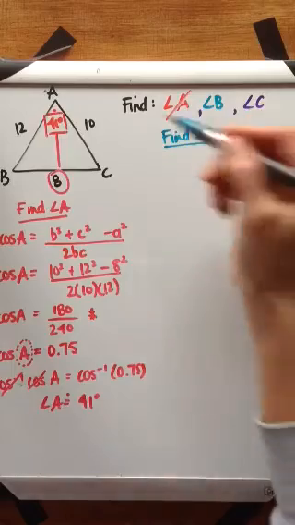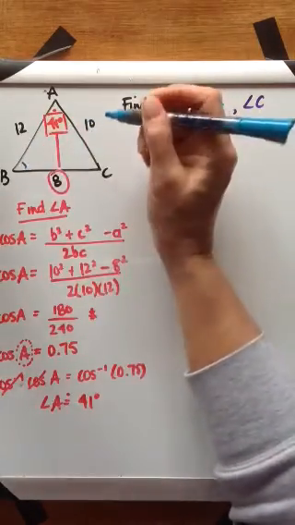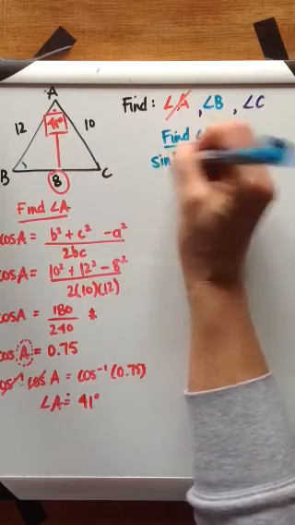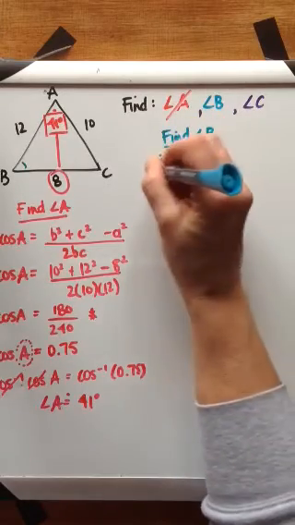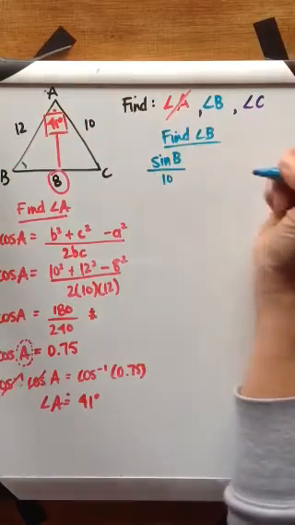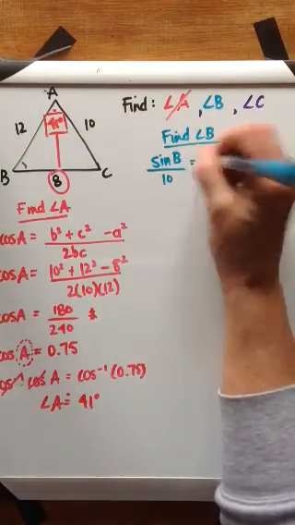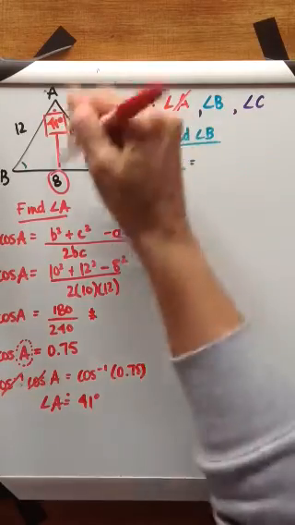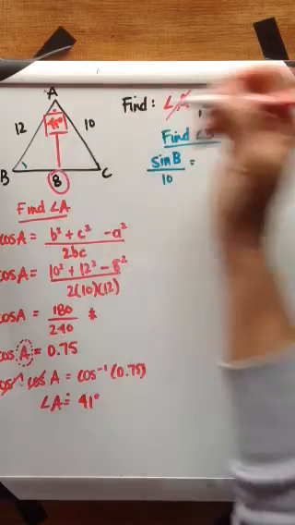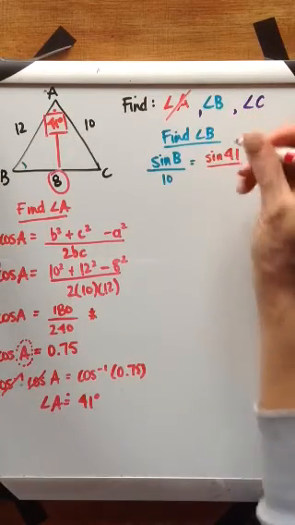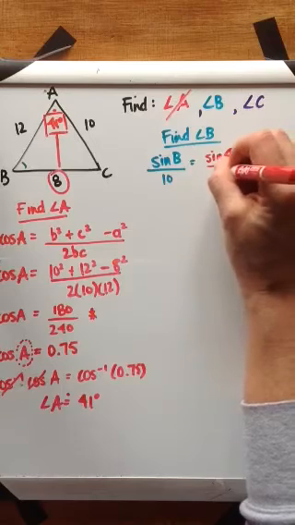So angle B, right here, I'm going to put again in the top left because it just makes rearranging the equation easier. I'm going to ratio it with its opposite side length, so sine B over 10, and then I can set it equal to one of the other pairings that I have, in fact the only pairing I have, which is sine 41 all over 8.